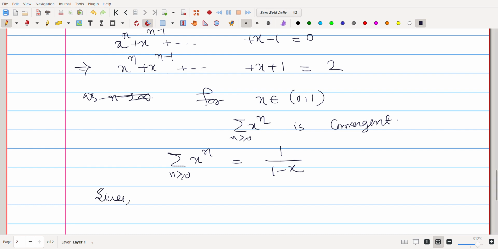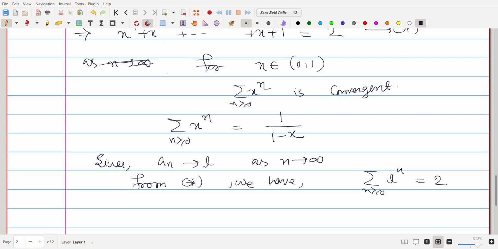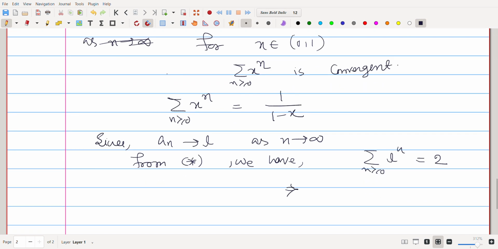And since a_n tends to L as n goes to infinity, from the star equation we have the summation over n greater or equal to 0 of L^n is 2, right?